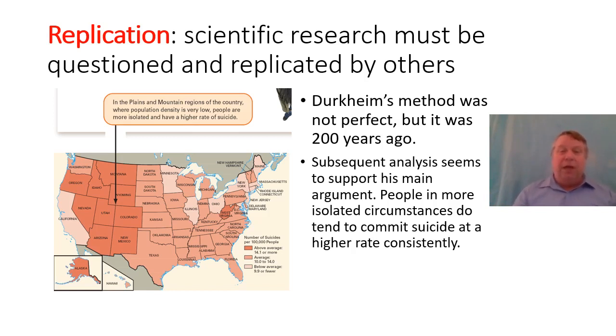So for example, people who live in very rural areas tend to commit suicide more often than people who live in more concentrated areas. Again, this would tend to indicate that the people in concentrated areas have more solidarity, more social support, and therefore are less likely to commit suicide.